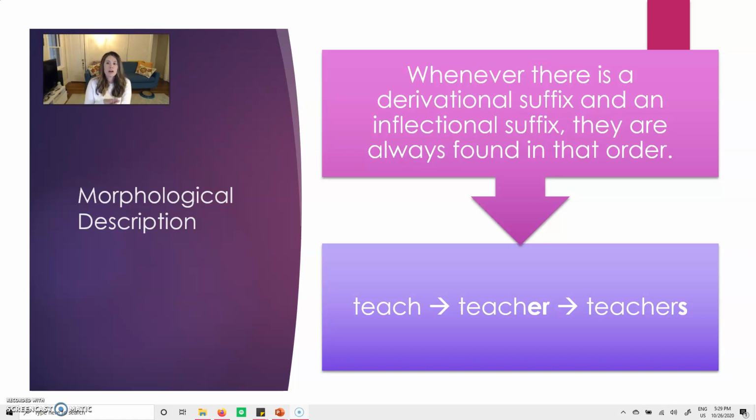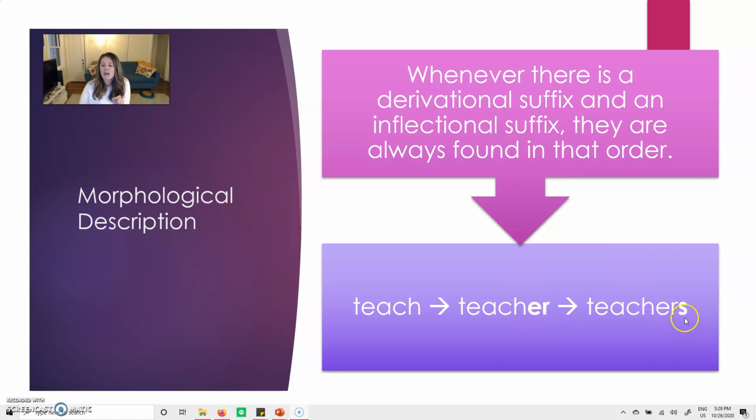When there is a derivational suffix and an inflectional suffix, they're always found in that order, right? So what I mean is that here you have your root, teach. Next, we're going to add on the derivational suffix, which is going to change the word type, right? This goes from an action to one who does this action, or a person who does this action, a teacher.